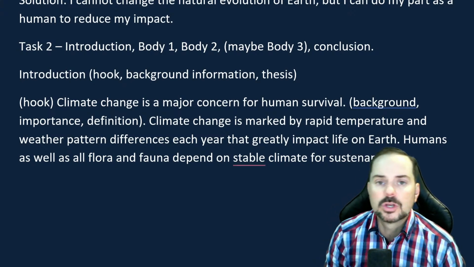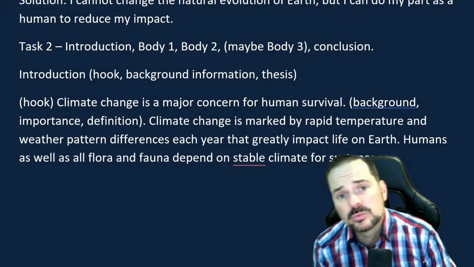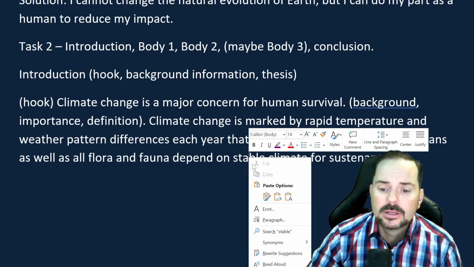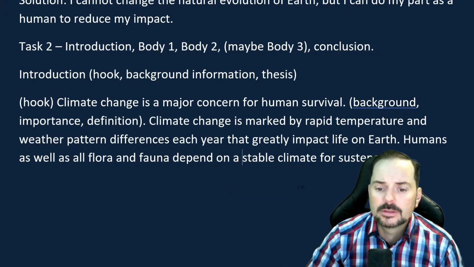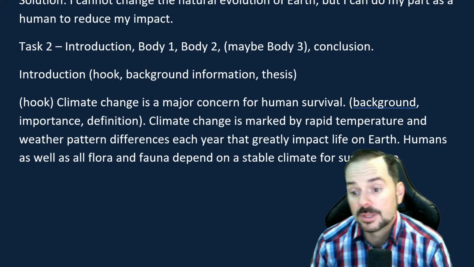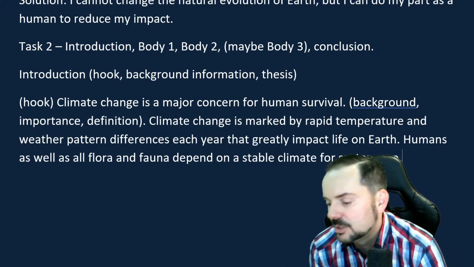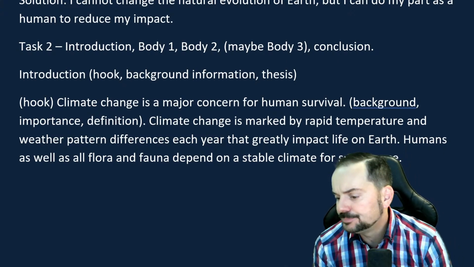Okay, so plants, animals, we rely that the weather stays relatively stable or balanced. I'm using Grammarly, by the way, while I'm doing this to learn a little bit. It says depend on a stable climate. I think stable climate would be okay, but anyway.